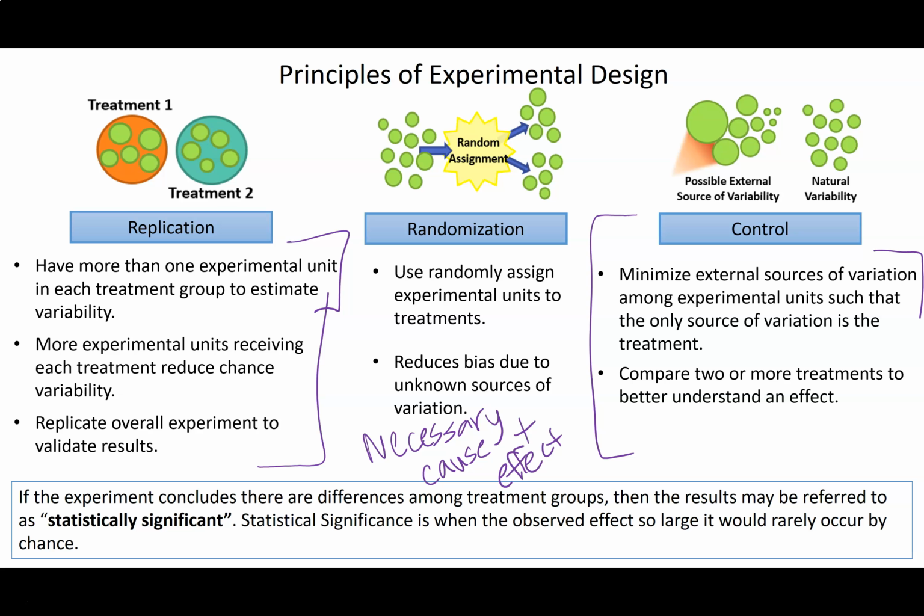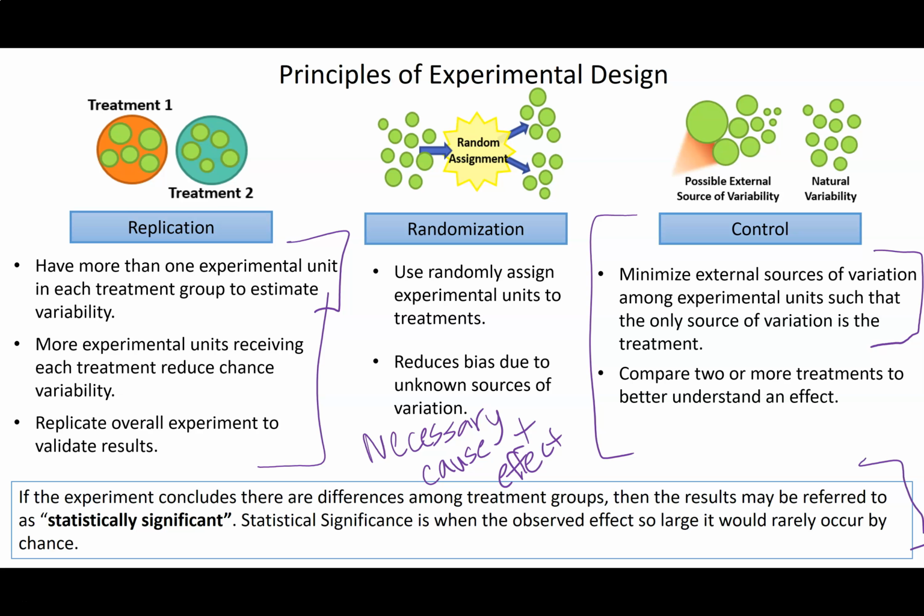Minimize external sources of variation. Basically, it gives you a baseline to compare to. You don't want to compare to nothing at all. If I had a new cancer treatment and I had a new treatment group with just that treatment, well, I don't know how it compares to the standard treatment that's already out there. And that is a problem.